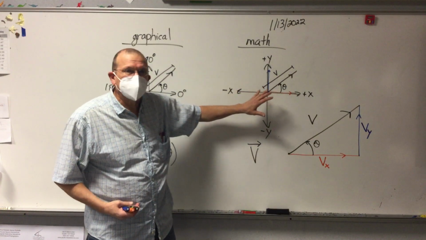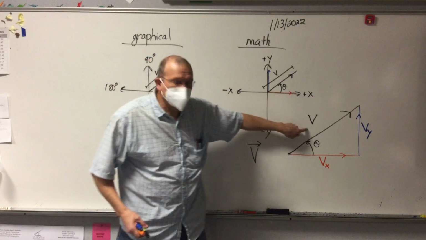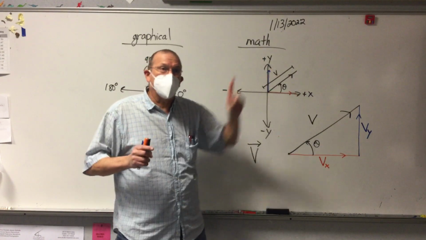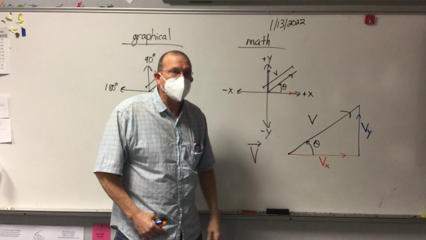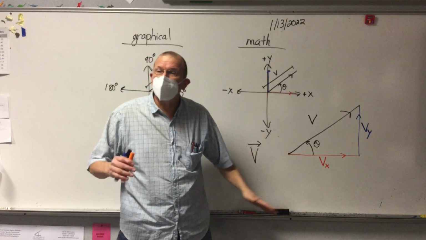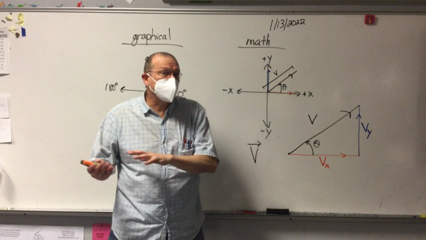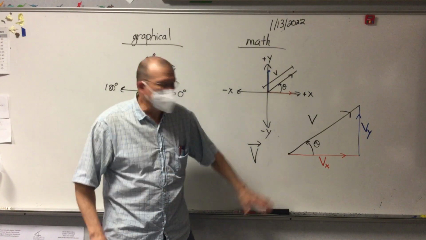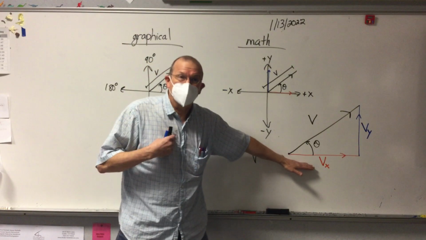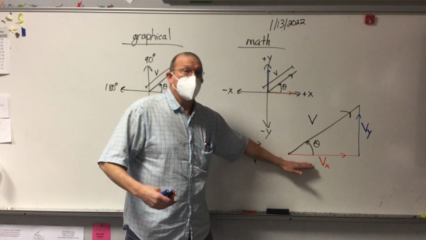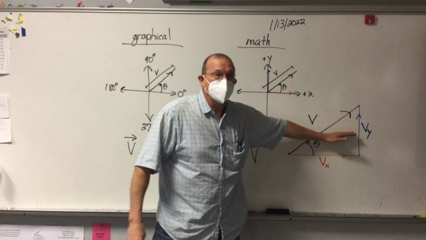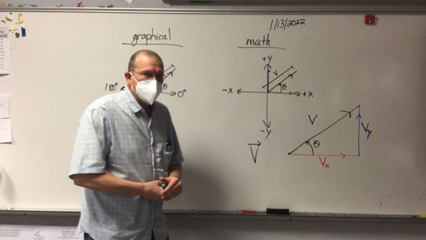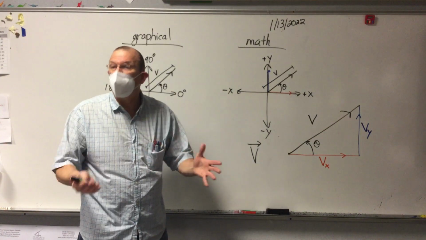But you can do that when you play with vectors mathematically. In order to do so, you cannot think of them now as this black thing that points at a certain length. You have to resolve that vector, which is a fancy word for break it down, into the horizontal piece and the vertical piece, or the X piece and the Y piece. In books, they'll refer to them as components.